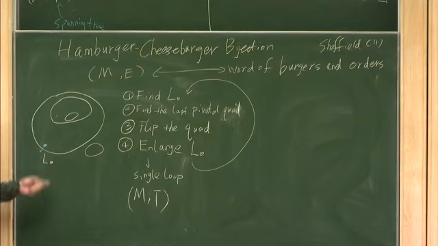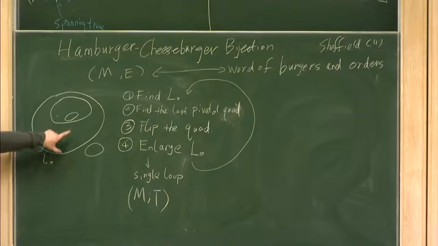This L0 is not the only loop in the whole configuration, and this means that this L0 must pass certain numbers of pivotal quadrangles. By pivotal, I mean if you flip the edges inside that quadrangle, it will change the number of clusters.